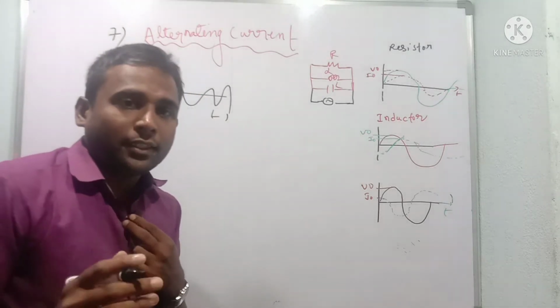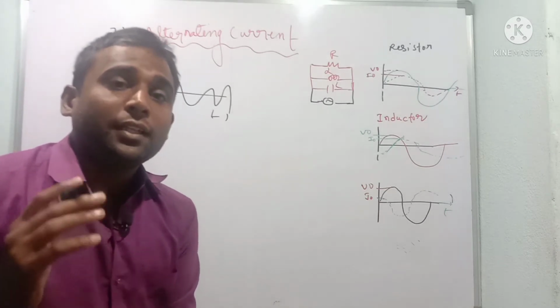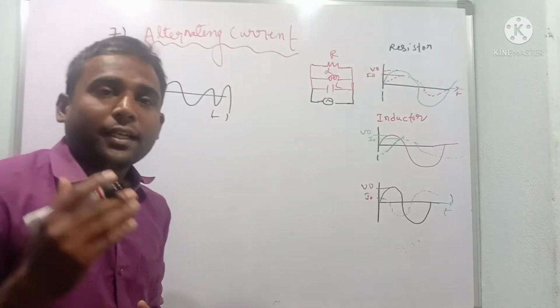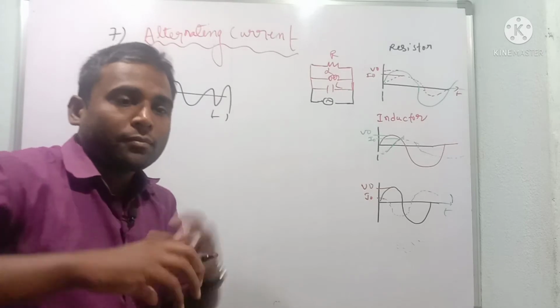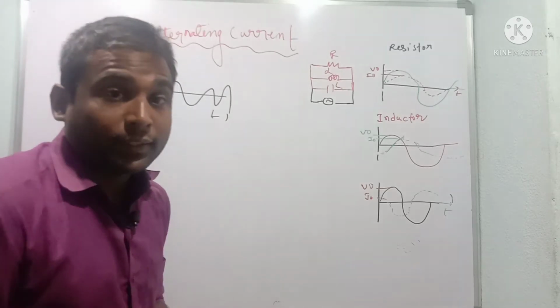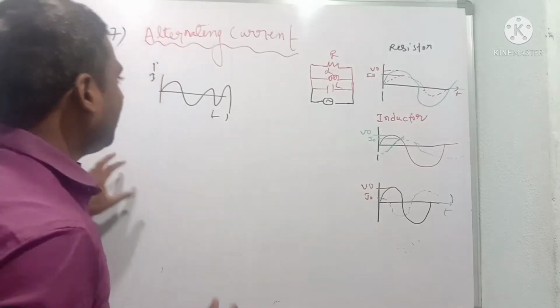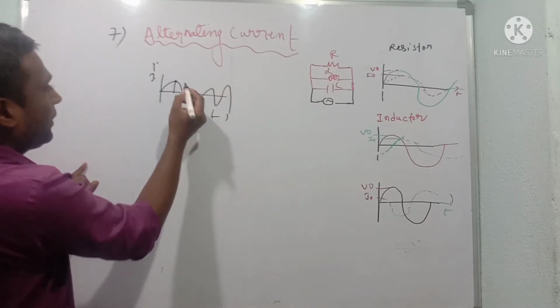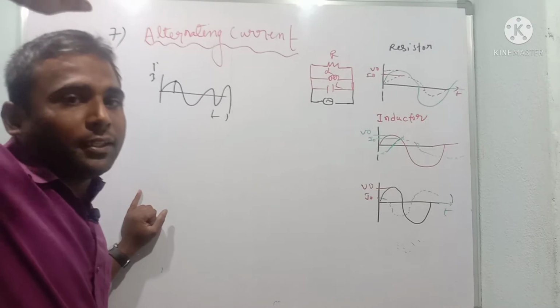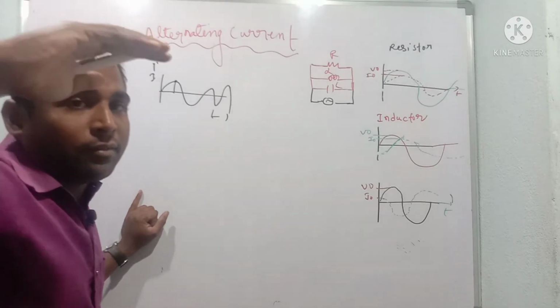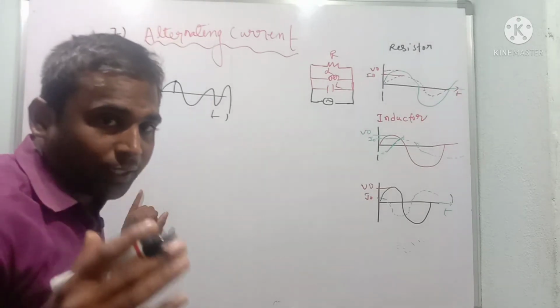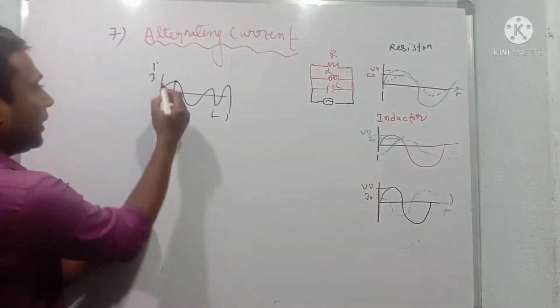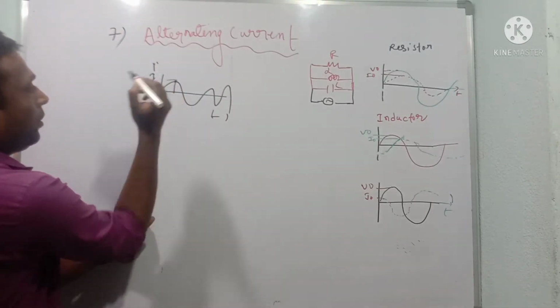Alternating current is produced in the generator, where we convert mechanical energy into electrical energy. Here this is called the peak value of current. The maximum current we can see when mechanical energy is converted into electrical energy is called the peak value, given by I naught.